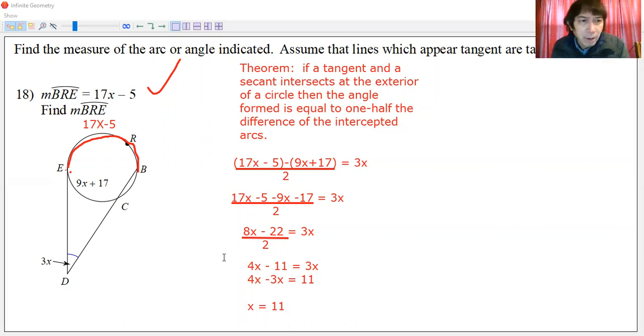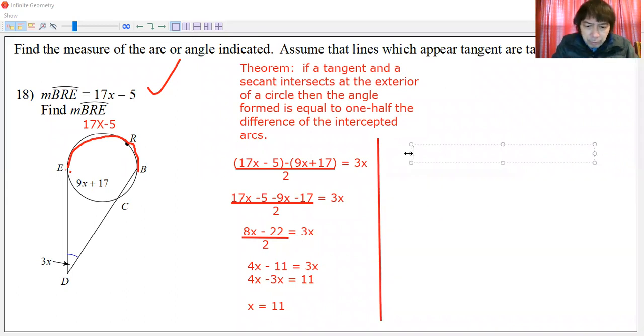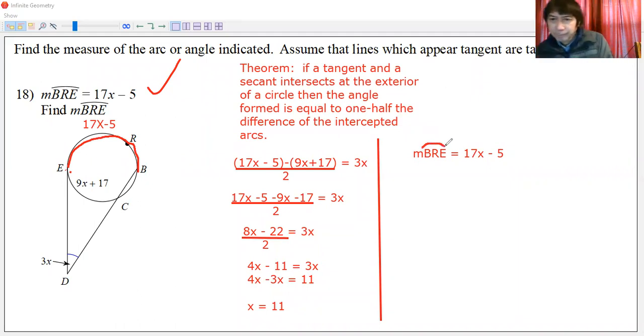Now we're ready to compute the measure of the arc BRE. The measure of the arc BRE is equal to 17x minus 5.